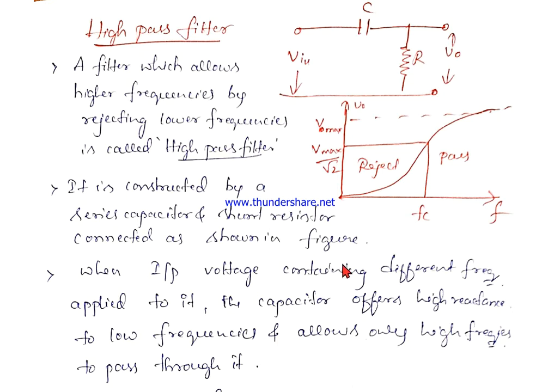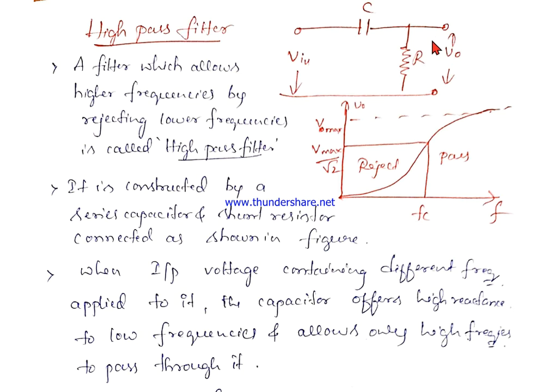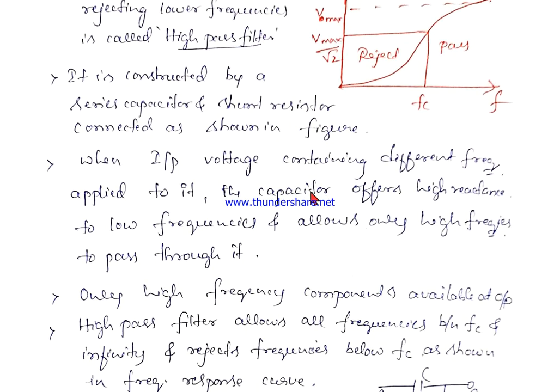When the input voltage containing different frequencies is applied to the filter circuit, the capacitor offers high reactance to the low frequency signals and allows high frequency signals to pass through it. So we measure the output across the resistor. Only high frequency components will be available at the output.